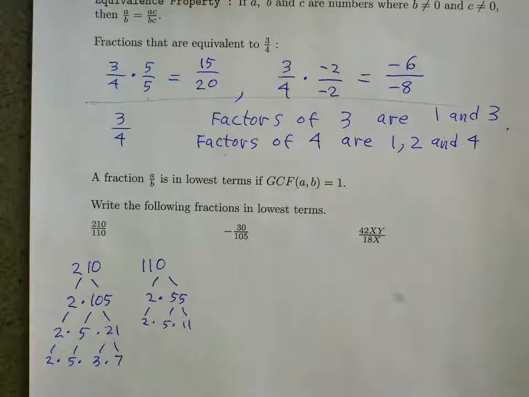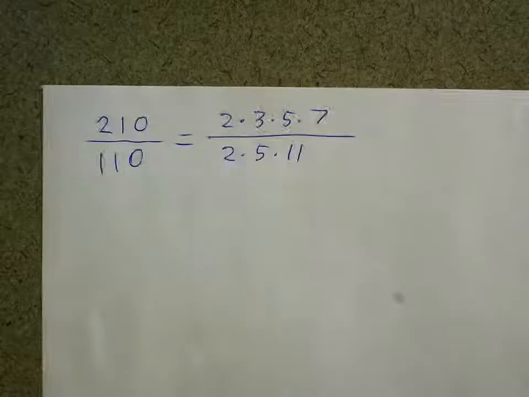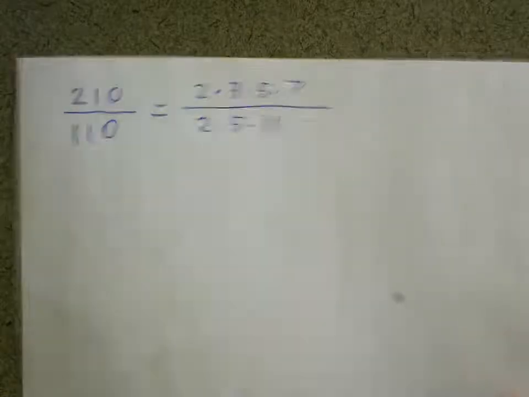Okay, so on another piece of paper, I'm going to write this. So the prime factors of 210, I'll put them in ascending order, 2 times 3 times 5 times 7. And the prime factors of 110 are 2 times 5 times 11. Okay, so this is the fraction that we were just looking at.